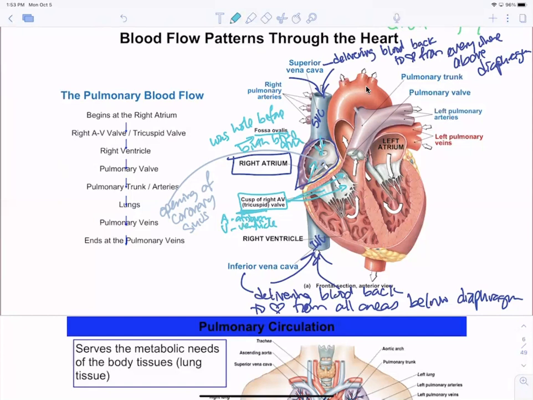It's sealed up, but there was a hole between the atria because before you're born, you're in amniotic fluid. You don't have gills, so you can't breathe in fluid, and so you're getting your oxygen from your mother, right? So the umbilical cord is delivering oxygen-rich blood to you from the placenta, and so your mom is breathing for you.